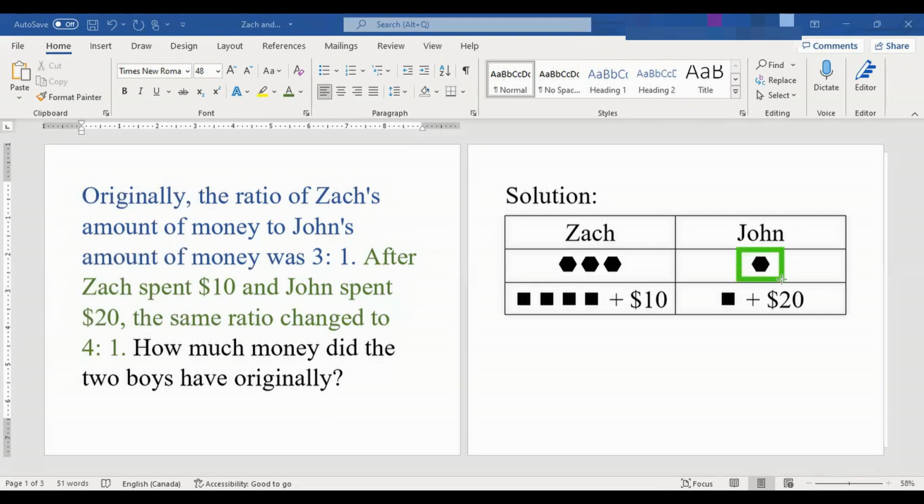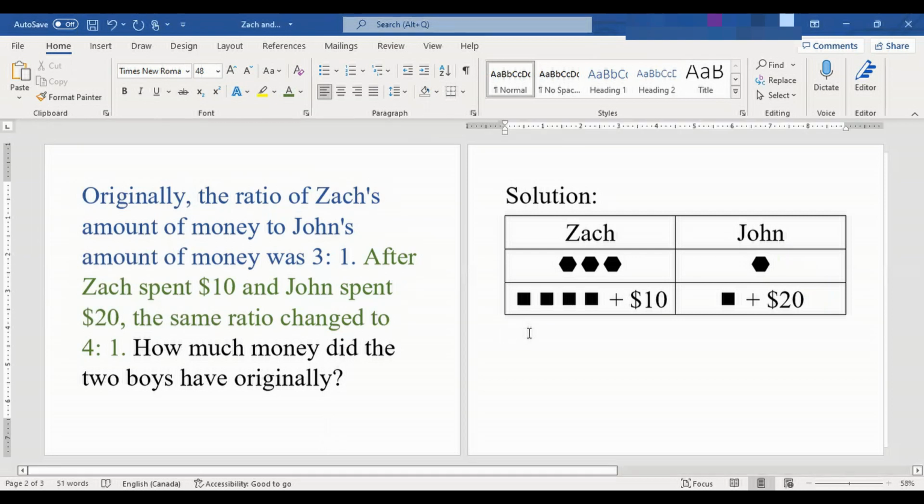We have 1 hexagon and 1 square plus $20. So both of these represent the same amount. So if Zach's money can be represented by 3 hexagons, it can also be represented by 3 squares plus $60, as that's 3 times the second representation. And we'll make that at the bottom so we can compare them.